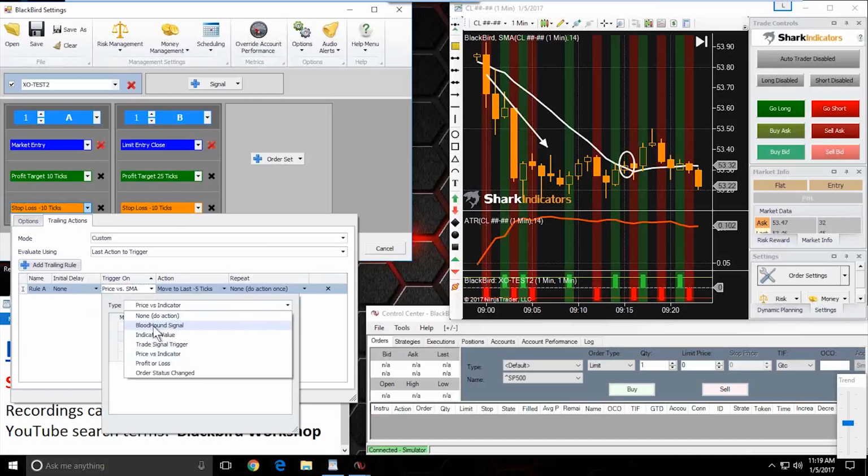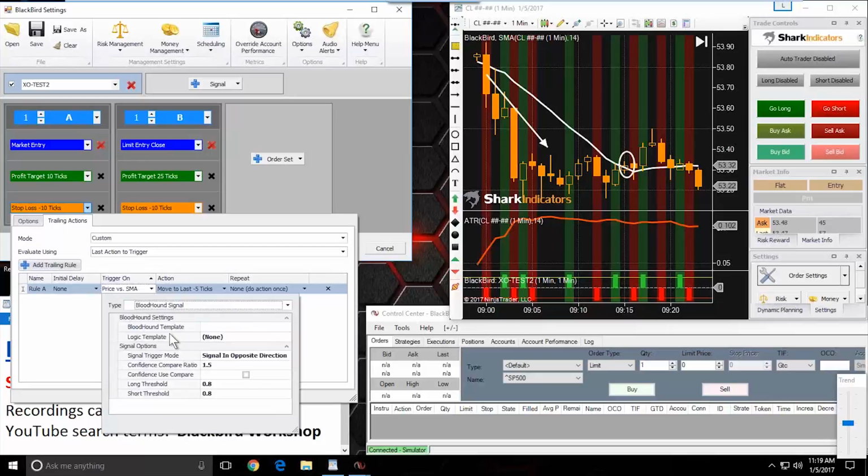So if we're using a Bloodhound signal, well, remember, Bloodhound is an indicator. So with BlackBird set to calculate on bar close equals true, well, Bloodhound is an indicator, so therefore you will have to wait for the bar to close to get a Bloodhound signal, right?